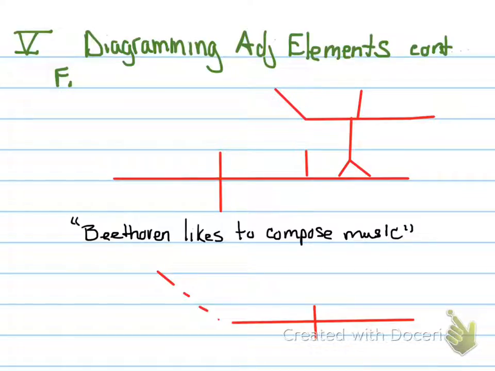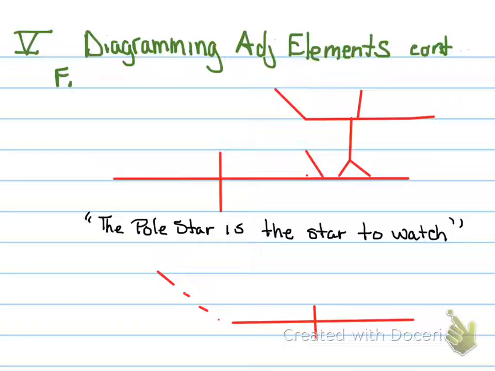The other kind of adjective element that we all just love to do, because of that little tree stand over there, is when it's being used as an adjective, a predicate adjective, but it's a whole phrase itself. So the pole star is the star to watch.